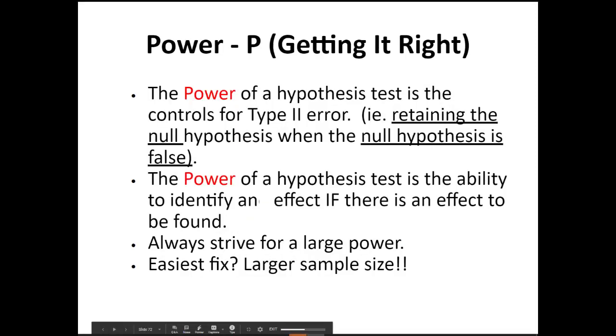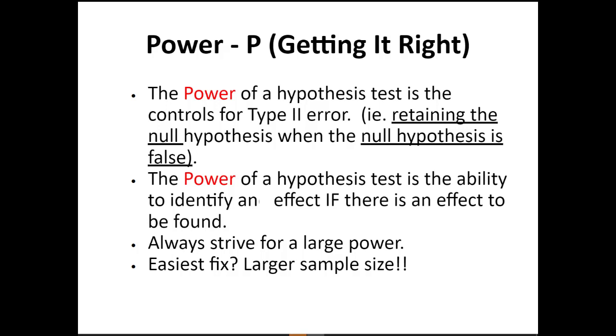We've just spent a lot of time talking about how to control for type 1 error. Let's briefly talk about type 2 error and how to control for committing a type 2 error. If you recall, a type 2 error is when we retain the null when the null hypothesis was actually false. In other words, there was something happening in the treatment, but we were unable to detect it.